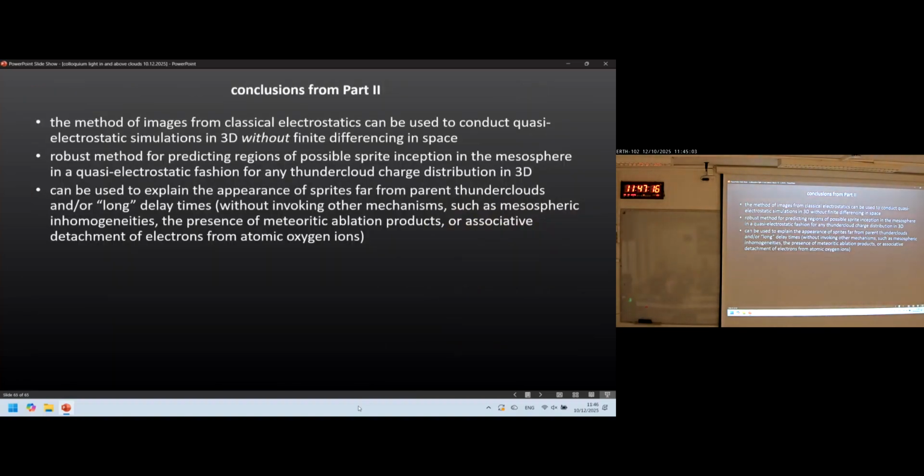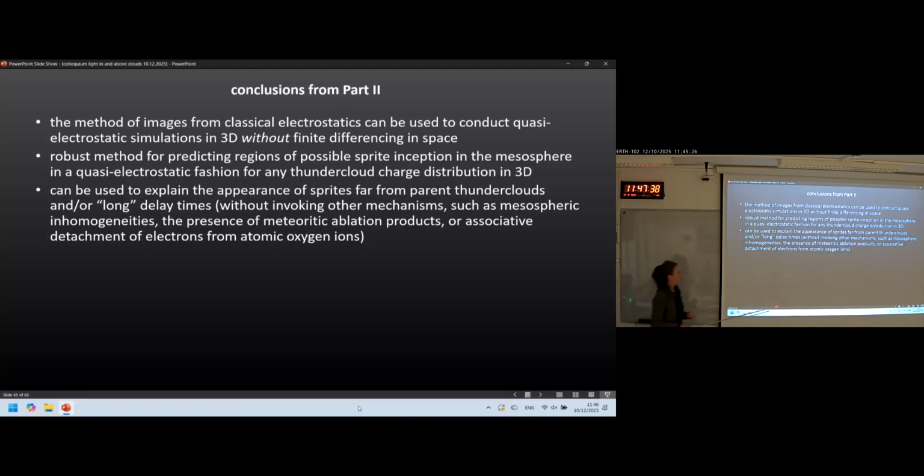Okay, so conclusions from this part. We can use the method of images from classical electrostatics, first year, second year physics, to conduct quasi-electrostatic simulations in full 3 dimensions with no finite differencing in space. And it's a robust method because it's based on an analytical solution.